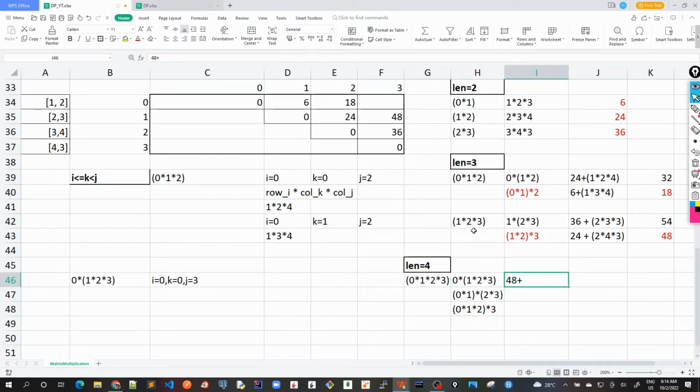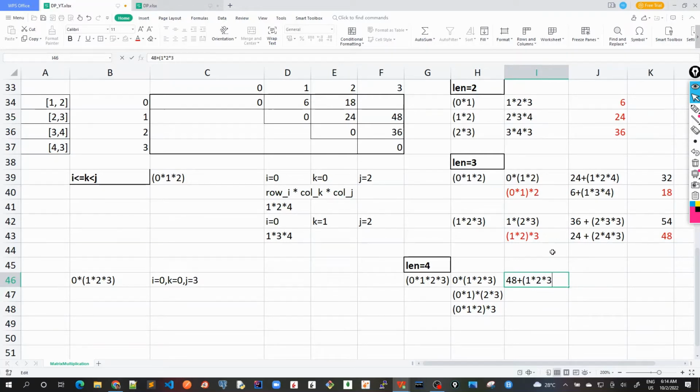So it's 48 plus 1.2. We already get 48 plus, and now the row of i, that is 0, is 1, multiplied by column of k, which is 2, multiplied by column of j, which is 3.